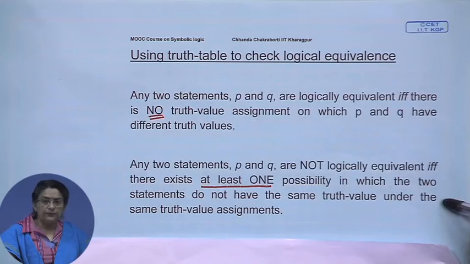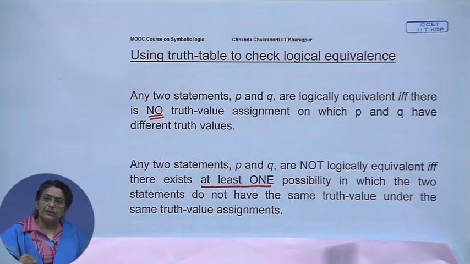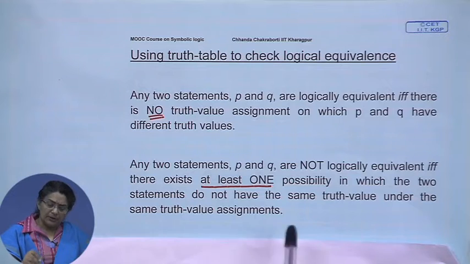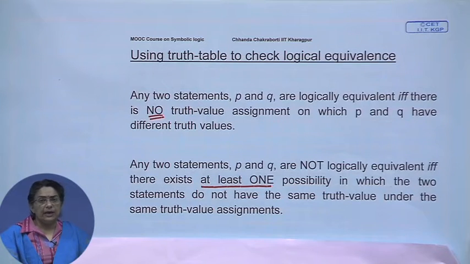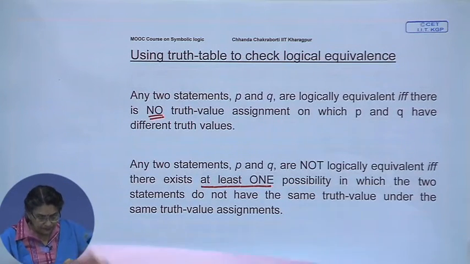On the other hand, for showing that they are not logically equivalent, you just need to demonstrate that there is at least one such possibility where the values are not going to be the same. Under the same truth value assignment to the components, the compounds show different truth values.